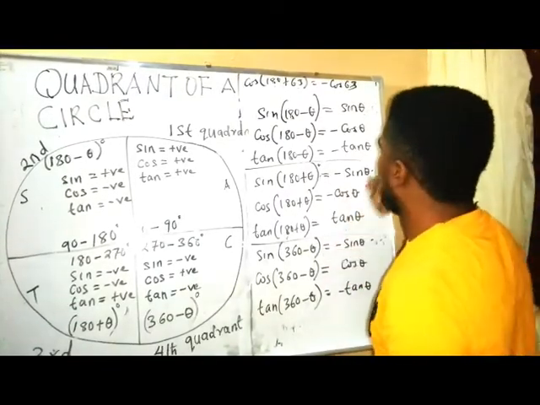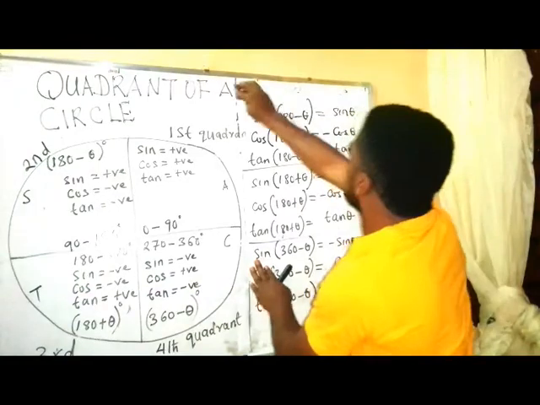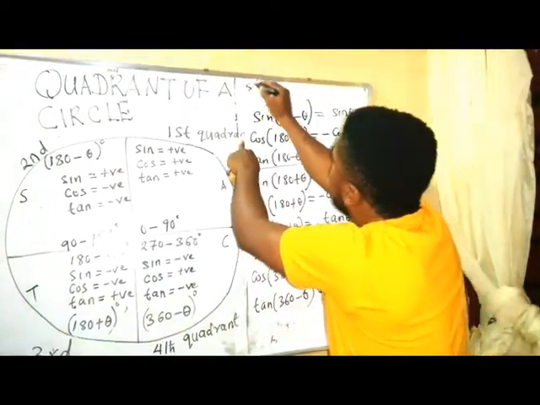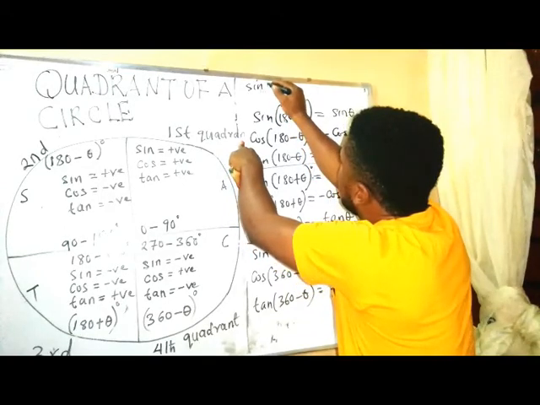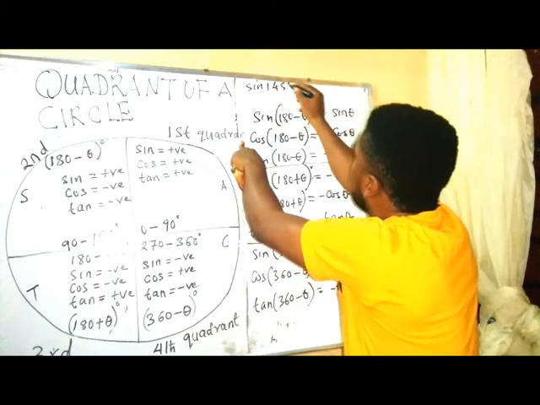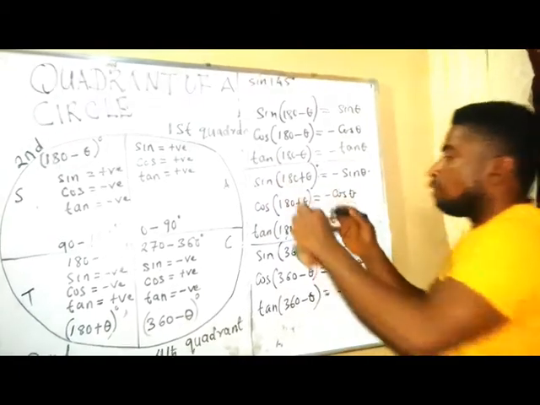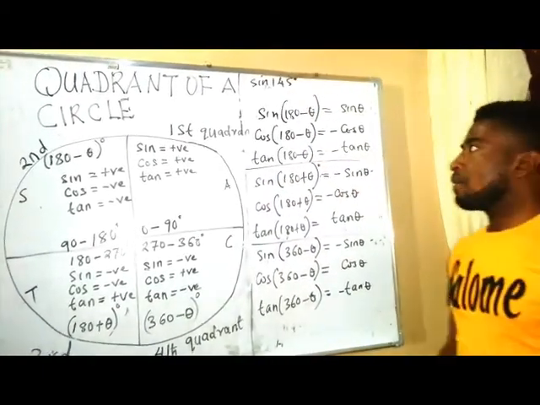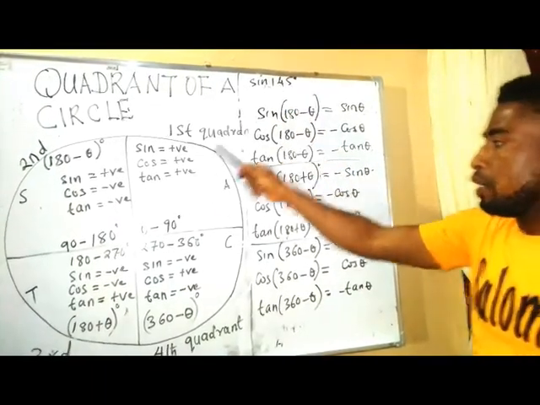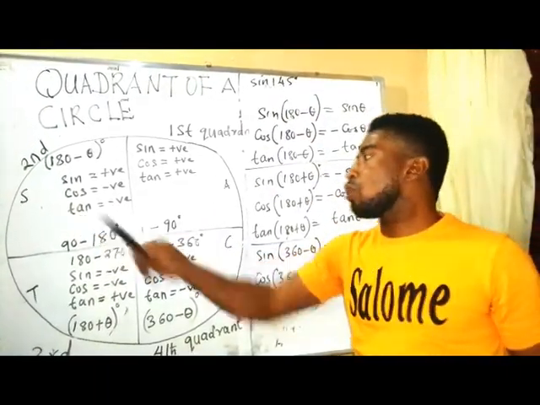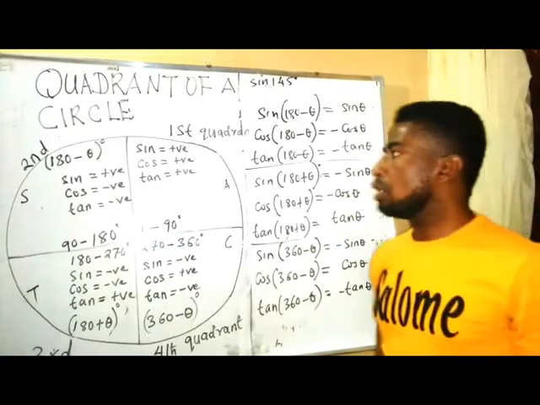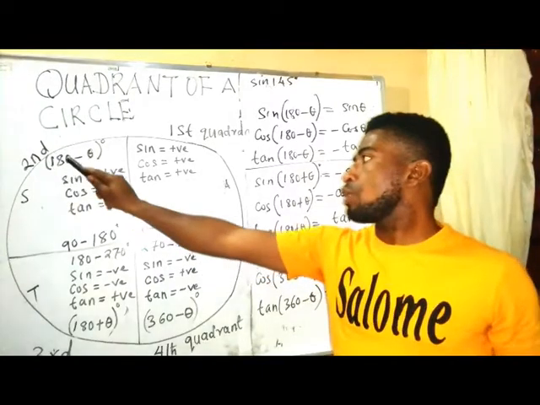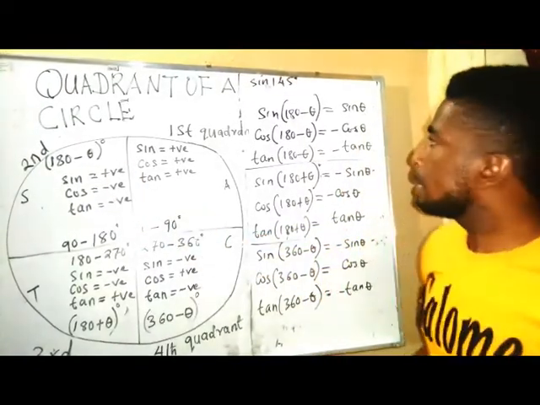Now if I ask you to solve for me sine 145 degrees. If somebody asks you to evaluate sine 145, 145 lies within the second quadrant of the circle, and in the second quadrant of a circle, the range of the angle is 180 minus theta.